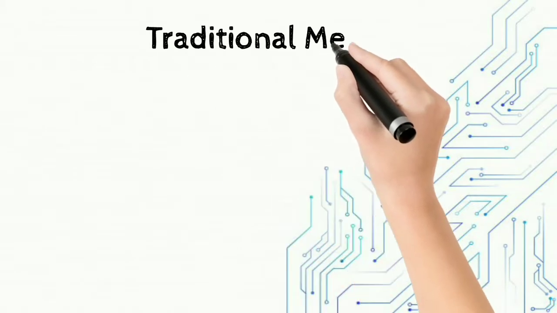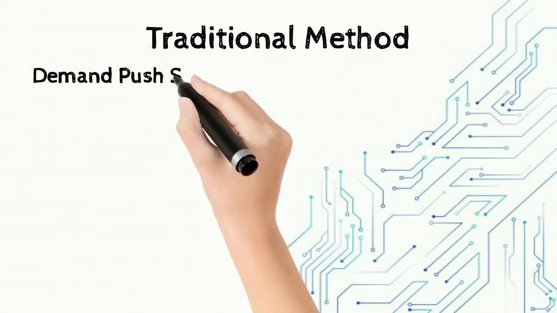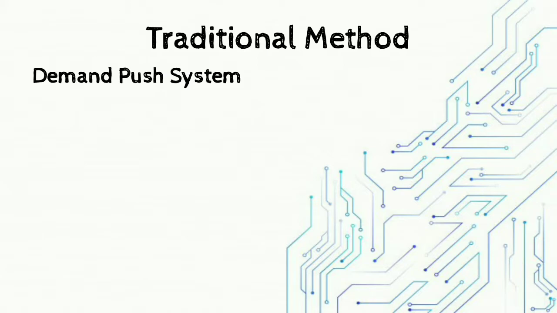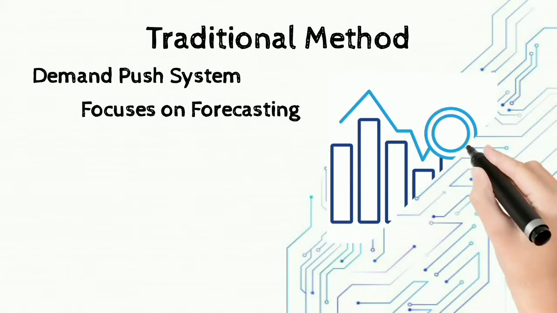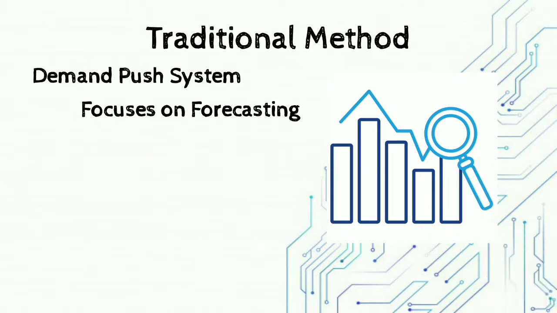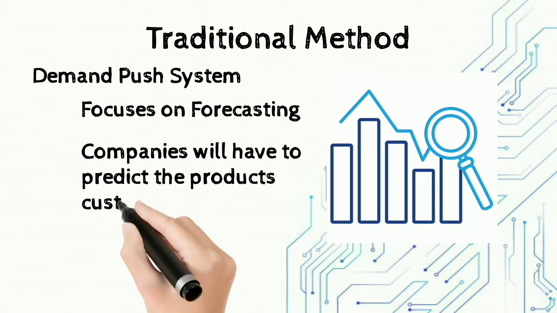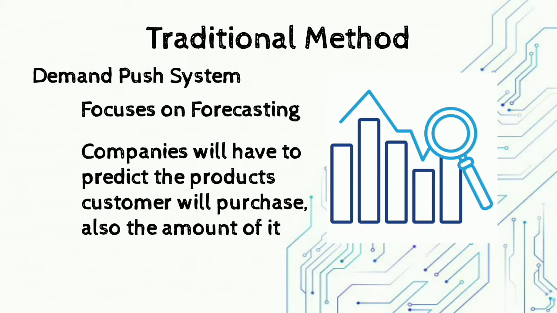While the conventional method is using a demand push system. A demand push system is like forecasting inventory needs to meet customer demands. So the companies will have to predict which products customers will purchase in a specific time and also determine the quantity of goods that are going to be purchased.